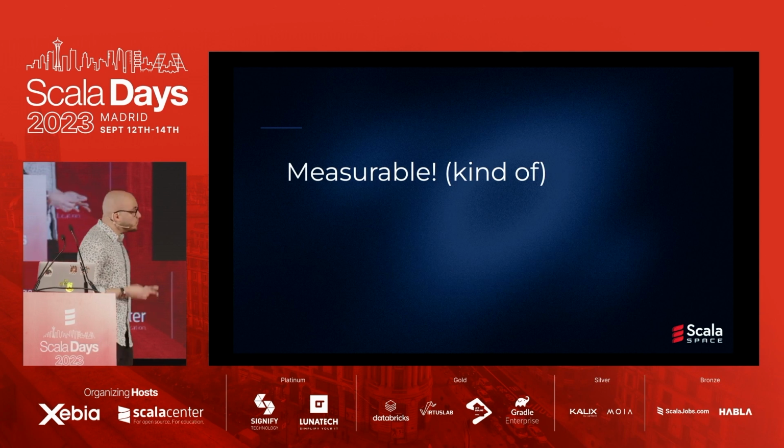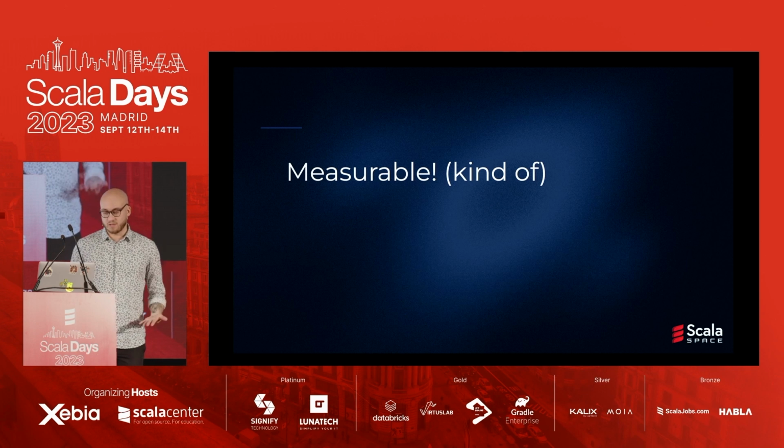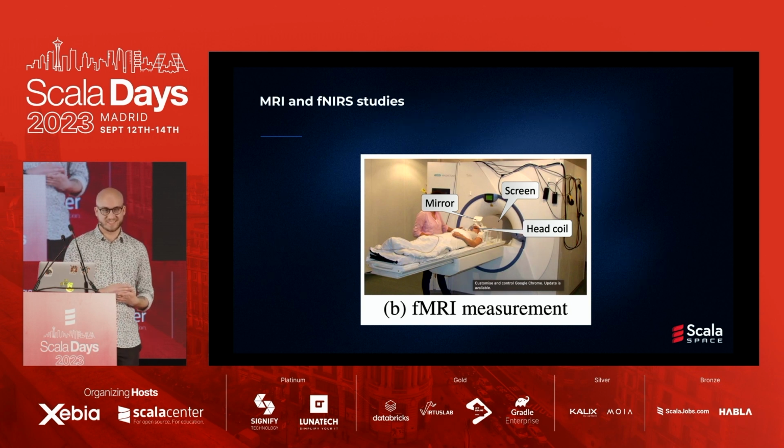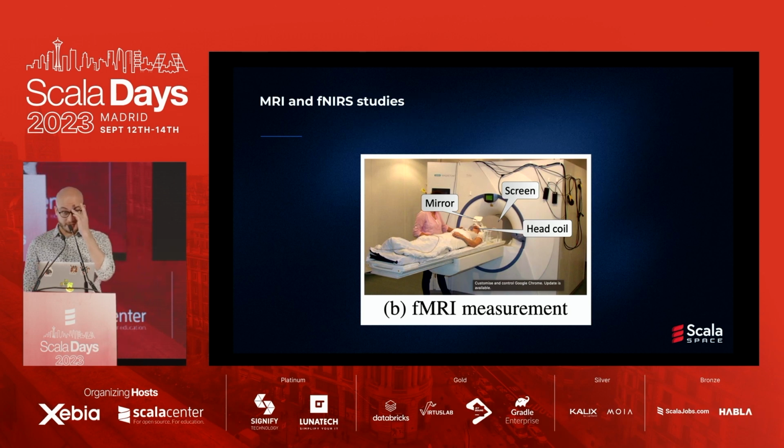So as I said, the good thing about the cognitive load is that it's kind of measurable. Why kind of? Because we can't do that to Scala developers. That would be expensive and hard. We can't put them in MRIs and scan their brains, which is what people were doing in these papers that I read.